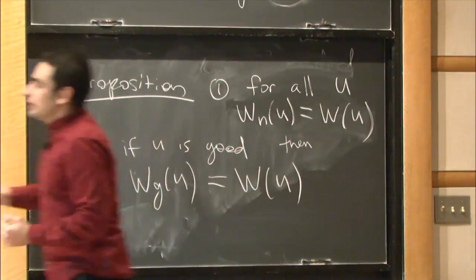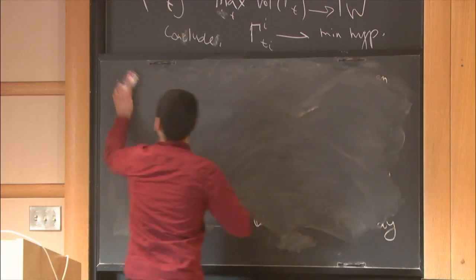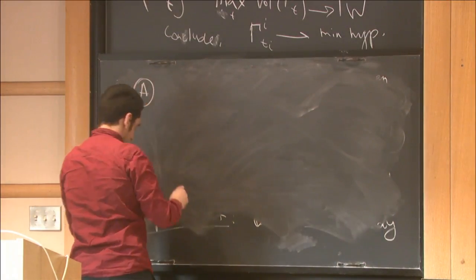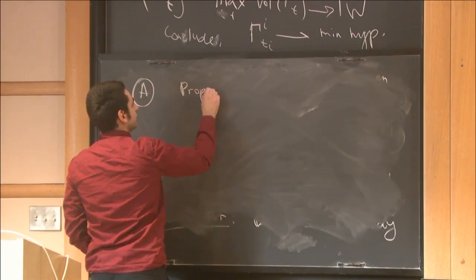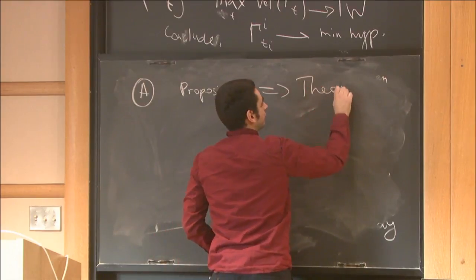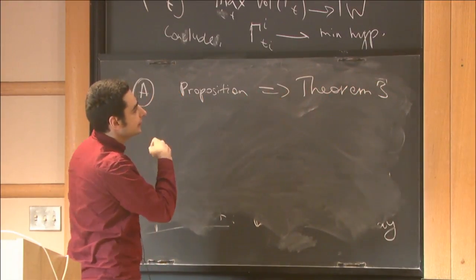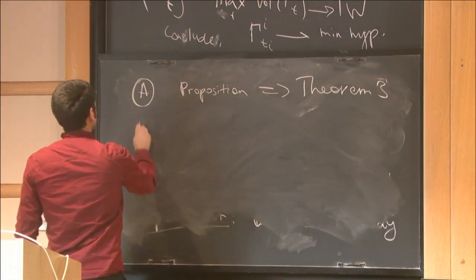So there are basically three things to do. A is to show how the proposition implies theorem 3, the main result, which I erased.